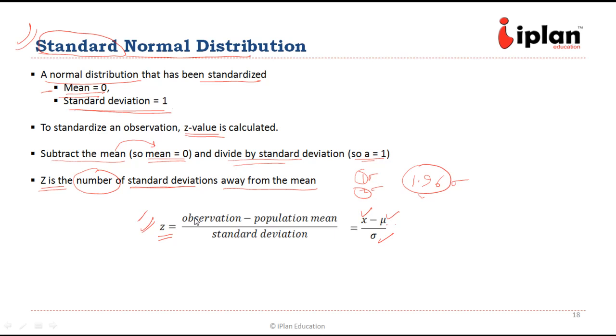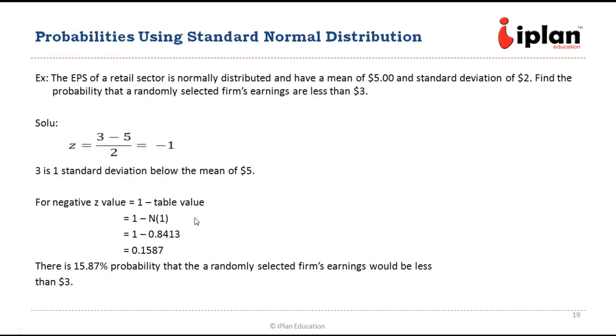Now let us take a few examples. The first example says the earning per share of a retail sector is normally distributed. It has a mean of $5 and standard deviation of $2. Now the question is asking the probability that a randomly selected firm's earning per share is less than 3.